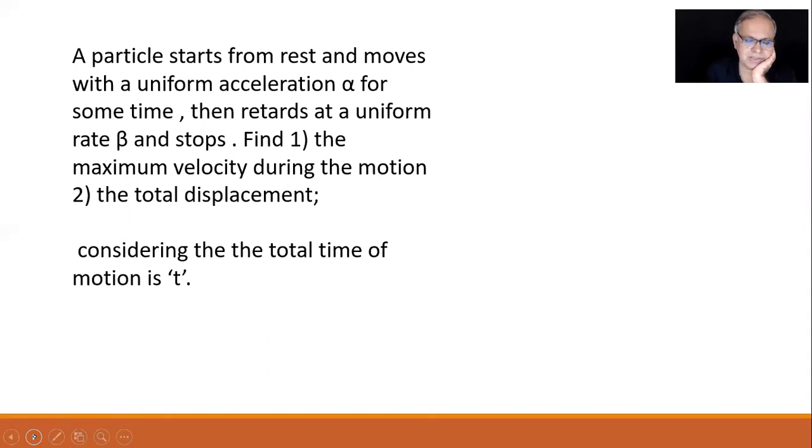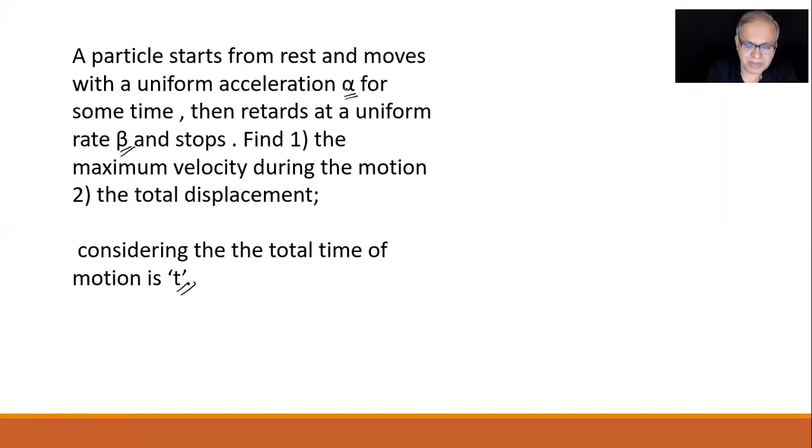First of all, in such kind of problems where the problem is given in general terms but not in numericals, you have to remember that you should get your answers in terms of what is given in the problem. You can suppose the time to be something, but that should not come in the answer. The total time, alpha, beta.